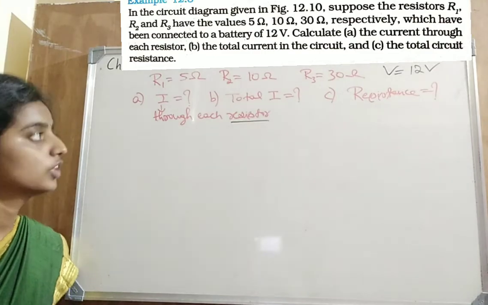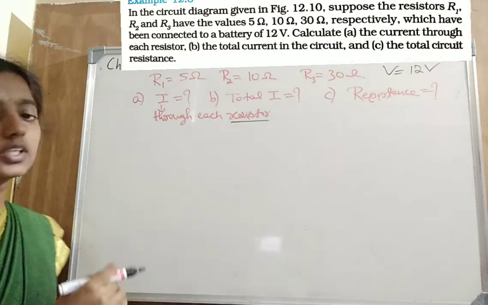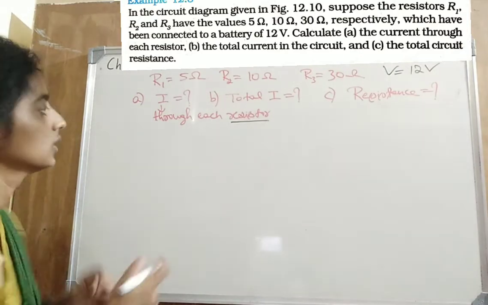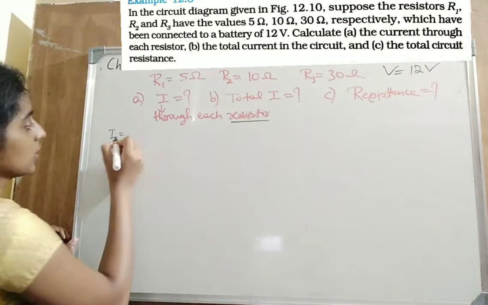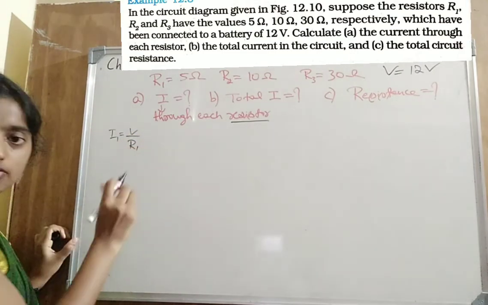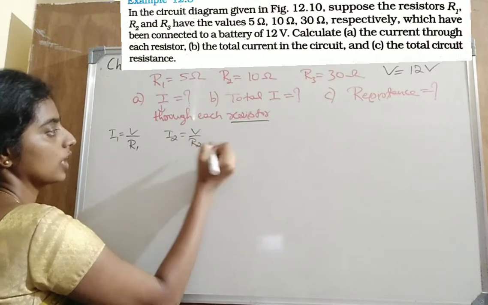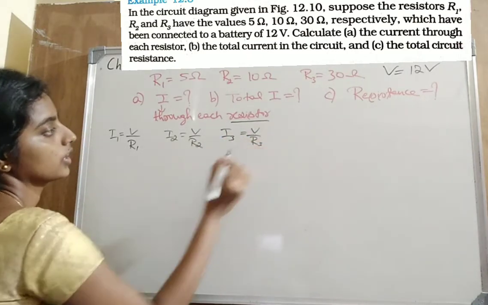So now here we need to use how we derived the formula for the resistors in parallel. There we got I is equal to I1 plus I2 plus I3, right? Then what happens? I1 is equal to what? V by R1 is our first equation. Then I2 is equal to V by R2 and I3 is equal to V by R3.